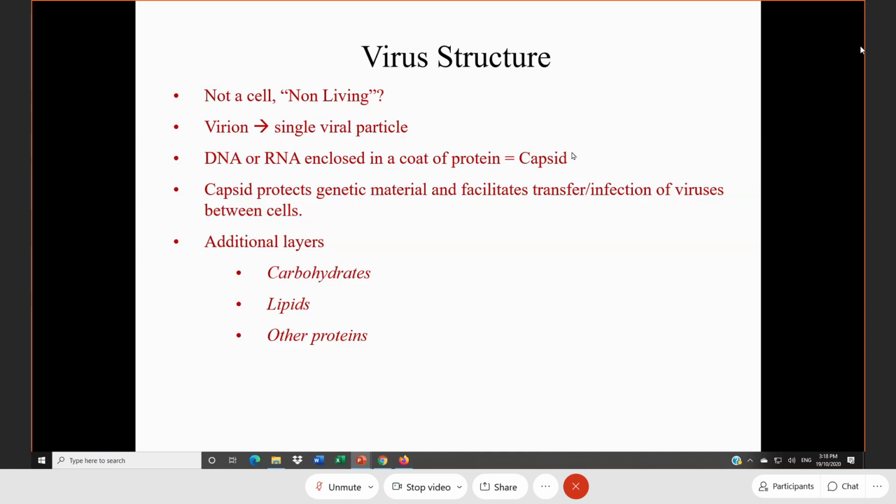The skin of the durian you can imagine as the capsid. So that is the basic structure of the virus: inside the ball, the fruit, you have DNA or RNA, and the skin coating it is the capsid.